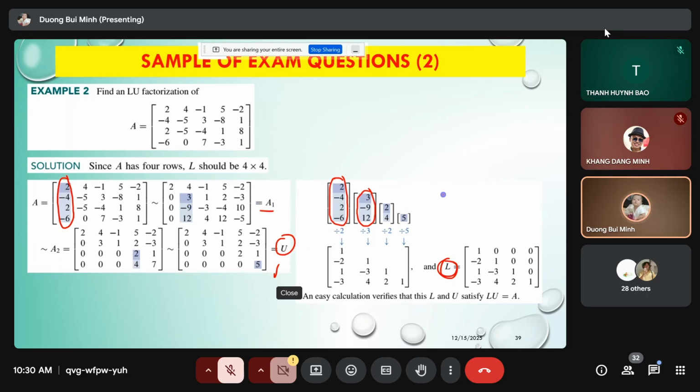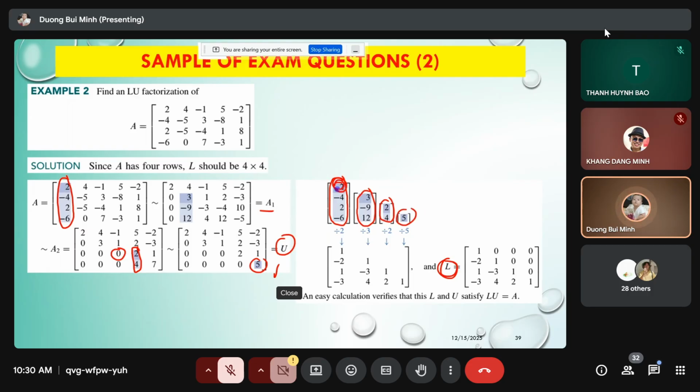Here we don't have a leading entry, so we consider the next column, where you get 2 as the leading entry, so you get 2, 4, and this one you can get 5.